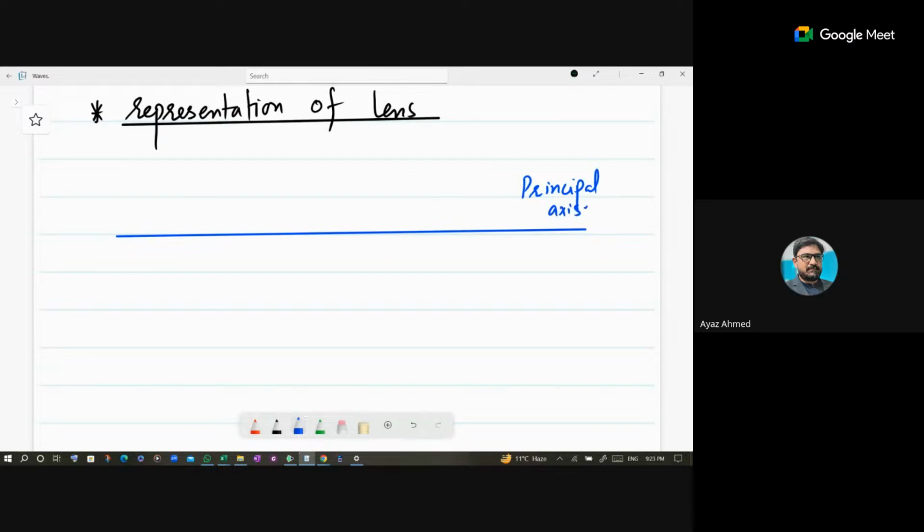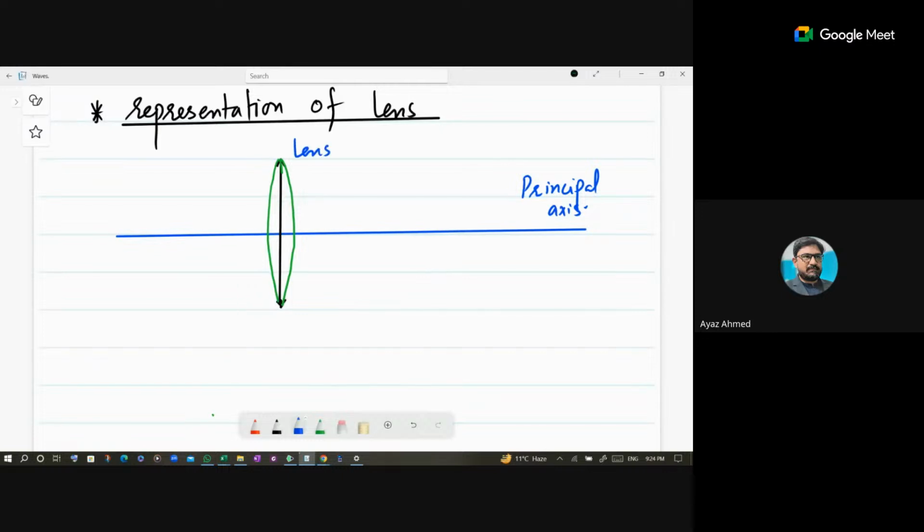This is the main axis along which the light is supposed to travel, and the straight line indicates the position of a lens.